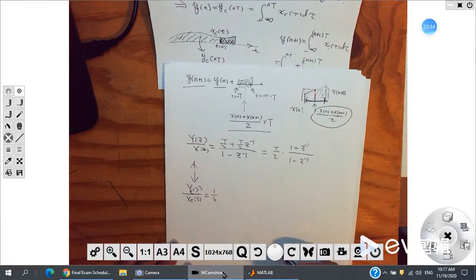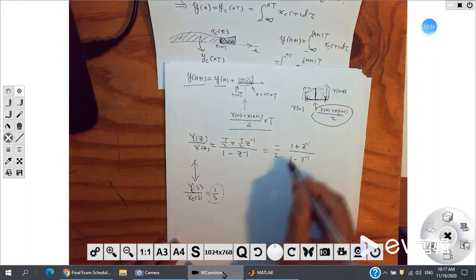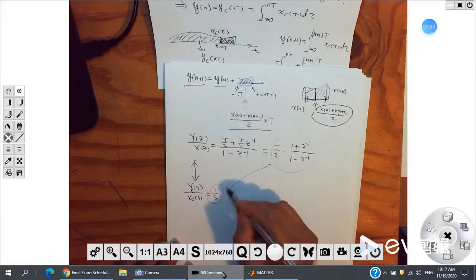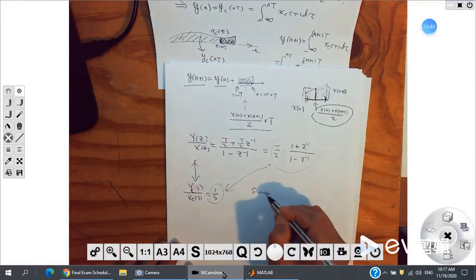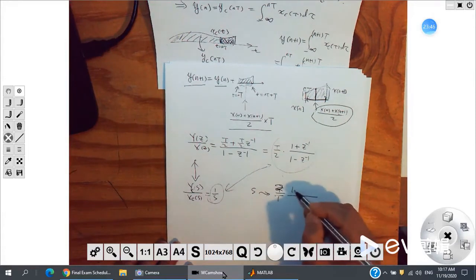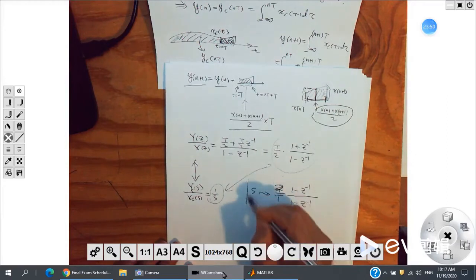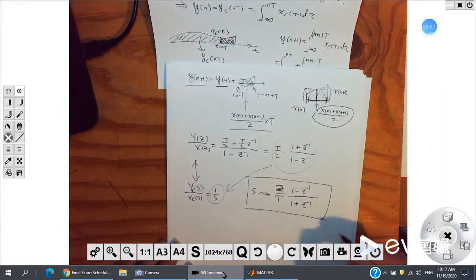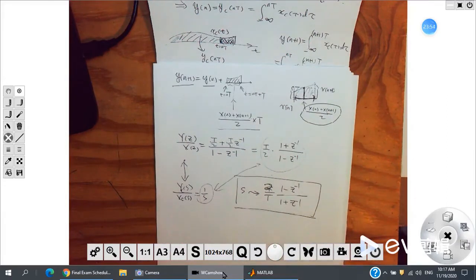Alright, we have our method: this one corresponds to this one. In other words, s corresponds to 2 over T times (1 minus z to the negative 1) over (1 plus z to the negative 1). Okay, so this is the second method.